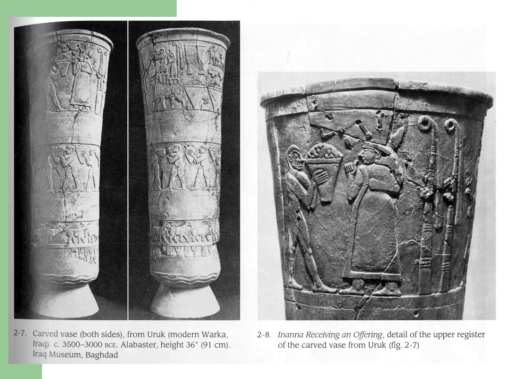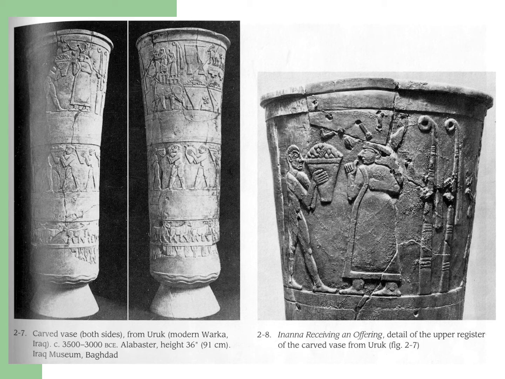This is a carved vase from Uruk, dating to between 3,500 and 3,000 BCE, or over 5,000 years old. It's carved out of stone, alabaster, and it's about 3 feet tall.